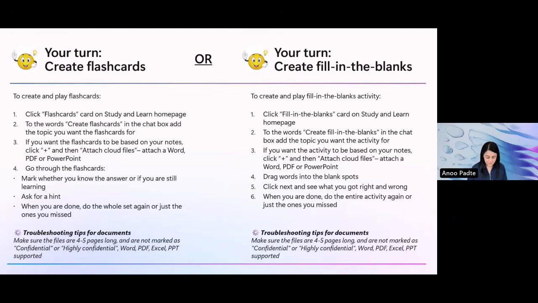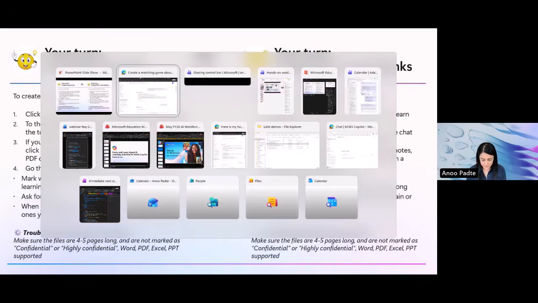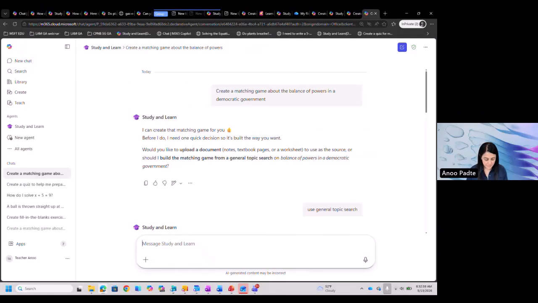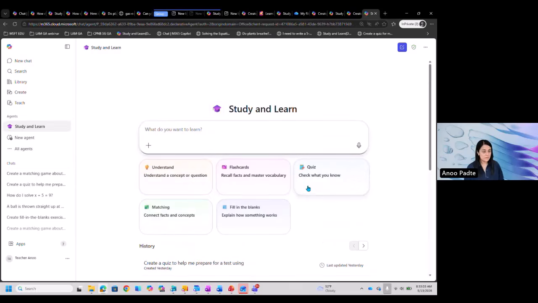Okay, some of you are struggling with even finding this, so let's make sure that you're looking in the right spot. If you go to the Study and Learn homepage, this is where you'll find these. Now you can click on the card and say create flashcards about, or you can say create fill in the blanks exercise about, and then give it the topic, attach a file if you want, and hit go, and you should get an activity.